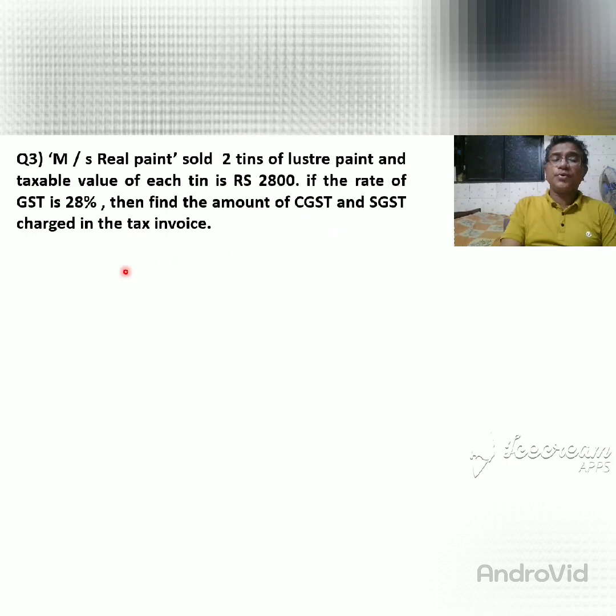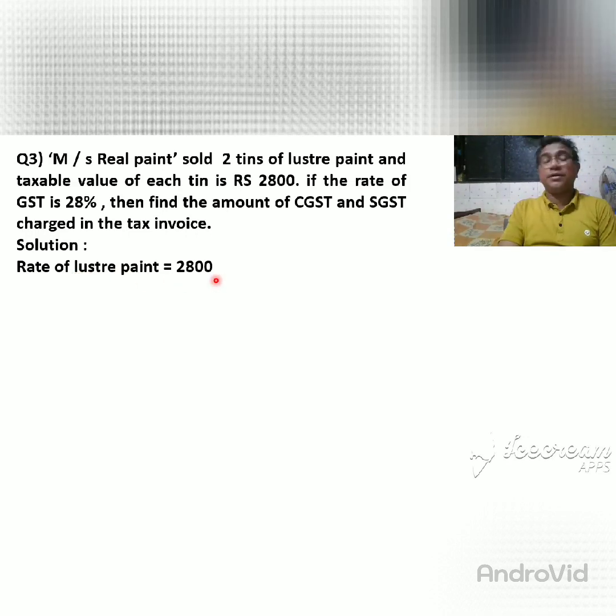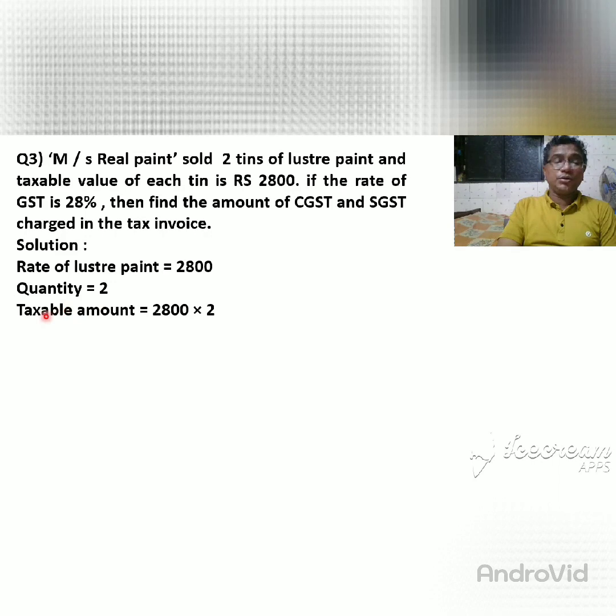First, what is given: the rate of luster paint is 2800 for 1 tin. Then quantity 2. Taxable amount is equal to 2800 into 2.